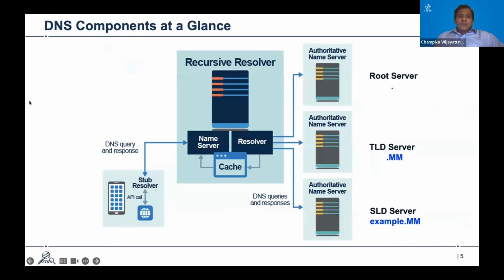Okay, now moving on to the next slide. Now this is how a DNS query gets resolved. So there are DNS components that we have to look into when you think of DNS query resolution. Now here, if you see my pointer, you see this client, the device.